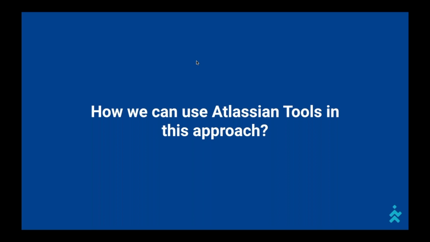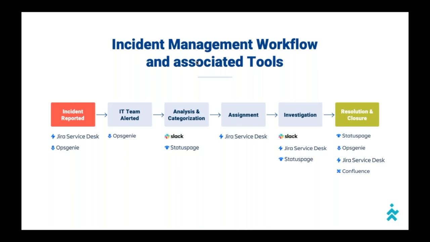This is how we use this approach. How we can use Atlassian tools in this approach. So we have automation, we have communication, we have documentation, we have ChatOps, and we have a lot of solutions from Atlassian as well. We are not using just third-party tools. We have just one third-party tool here. It's Slack, because Atlassian has a partnership with Slack.